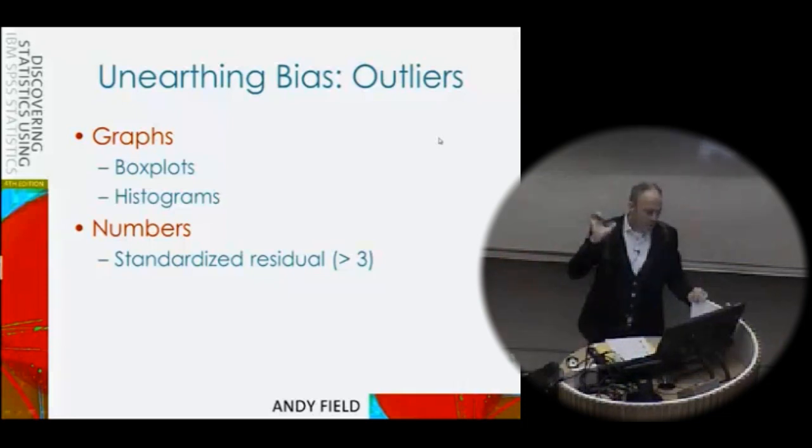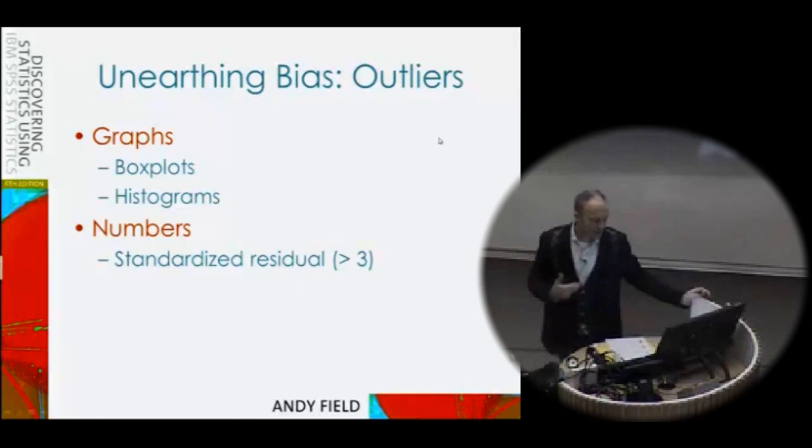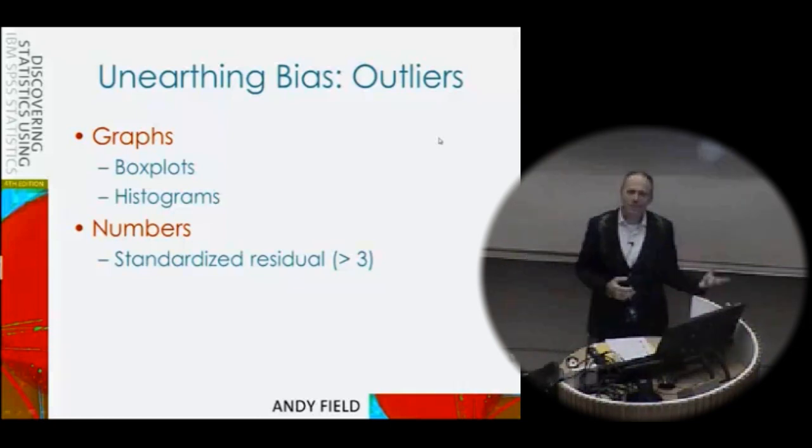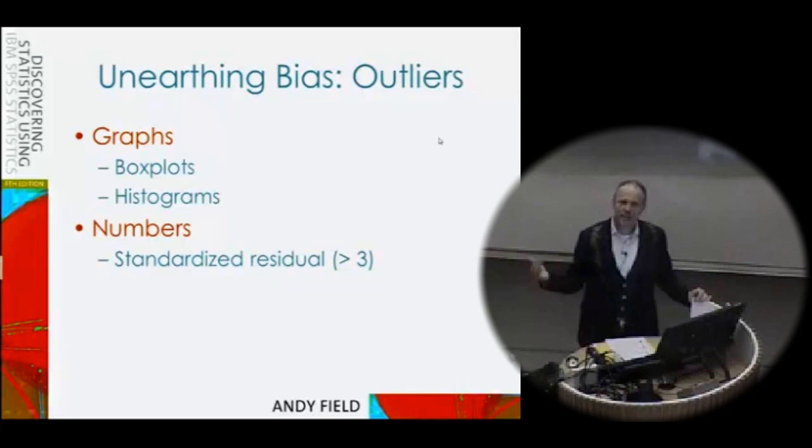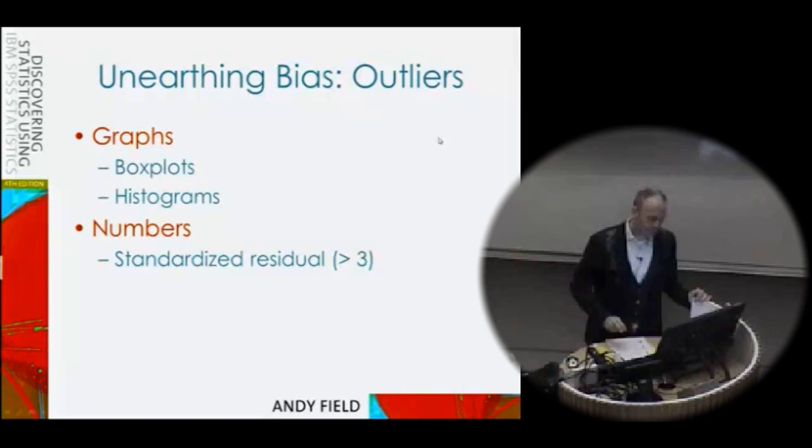And what you can do is standardize it. And all that means is you convert it into a z-score. And all that means is that regardless of your units of measurement, it doesn't matter what you're measuring, you can have cutoffs that apply across the board. So a standardized residual is just the error for a particular participant expressed as a z-score, so expressed in standard deviation units.